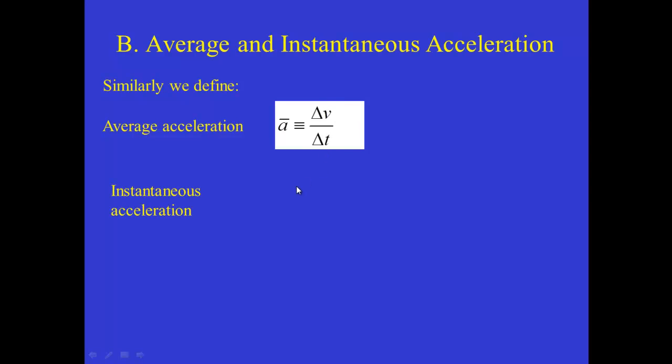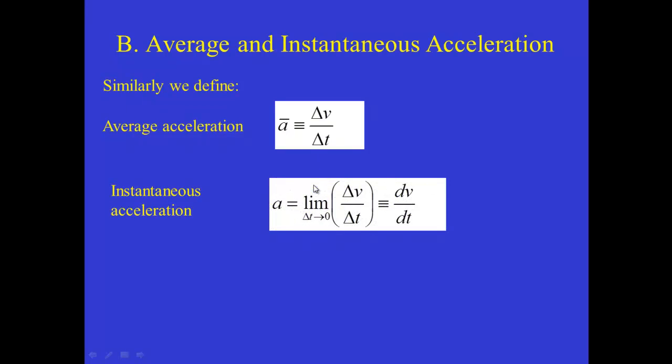Once again, we can have an instantaneous acceleration if we choose the 2 points, t2 and t1, to be very close together, so that in the limiting case where they approach the exact same time, we get a value for the acceleration without a bar over it. Notice that the bar refers to average in these expressions.